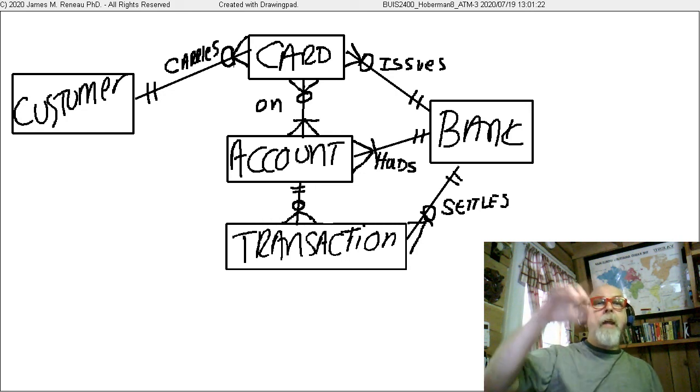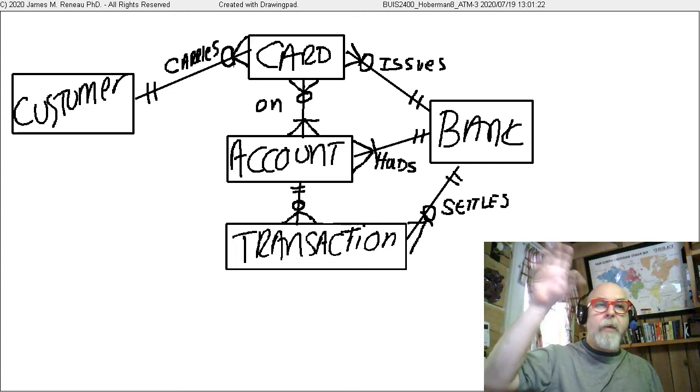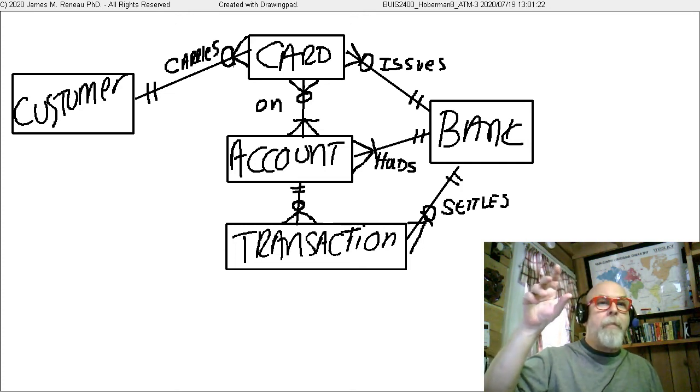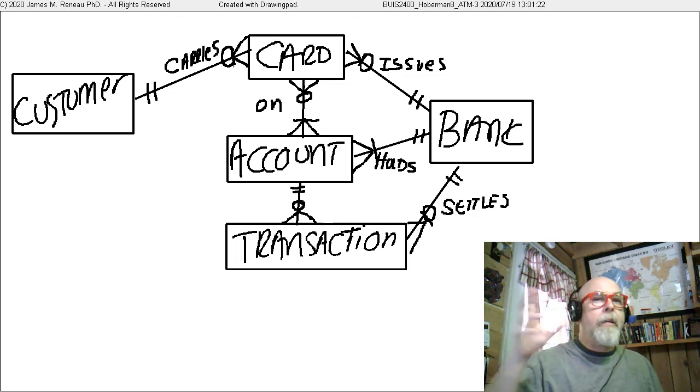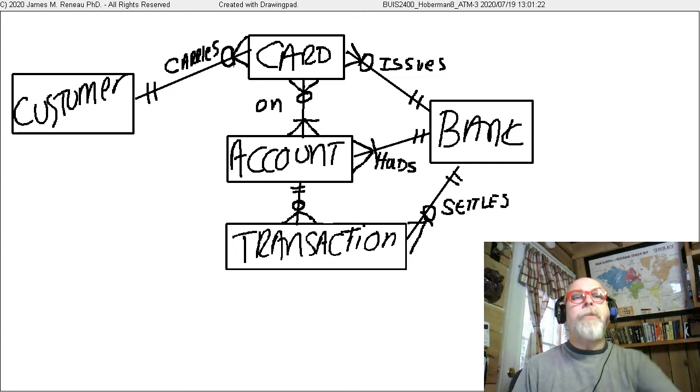So, and you're not a customer of that bank. That bank settles the transaction with the other bank, and there's some data flowing around, but let's not worry about that because we're just trying to model the ATM machine. So a bank is the one that settles the transaction, and it might be the same bank or a different bank. So a bank settles 0 or more transactions, and a transaction is settled by one and only one bank.